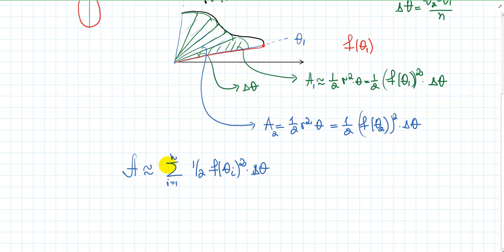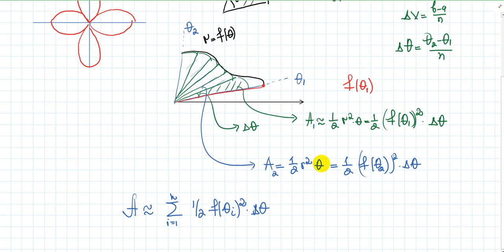Okay? So I'm going to find this approximately. I'm saying this approximately because I'm leaving out these areas. Do you see those areas? I'm making some error here, right? So I'm not taking into account these small areas here.